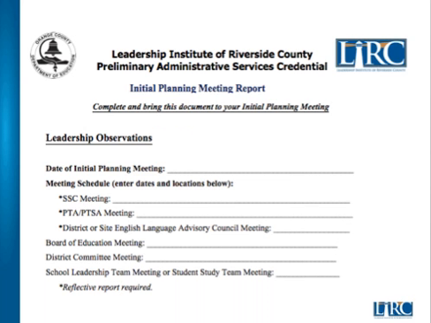All right, this is a picture of the top portion of your initial planning meeting report. You'll notice that what you need to do here is to put the date of your meeting plus the dates of all the meetings that you're going to be observing, including school site council, PTA, DLAC or ELAC, board meetings, district committee meetings, or school leadership team meetings or SST meetings.